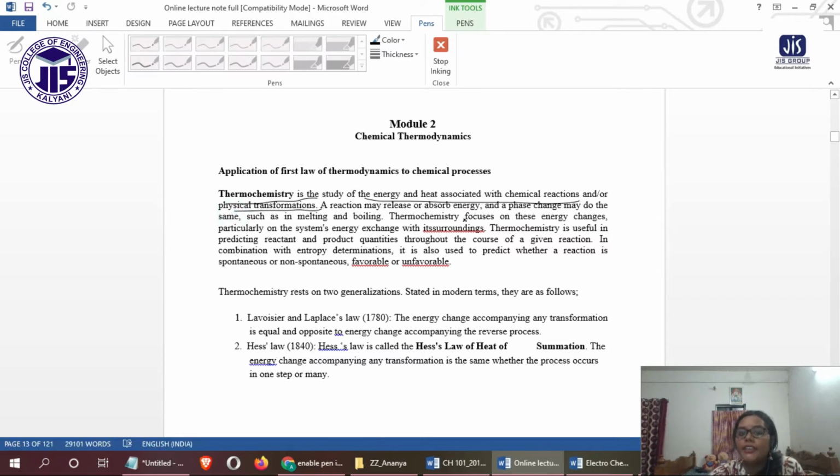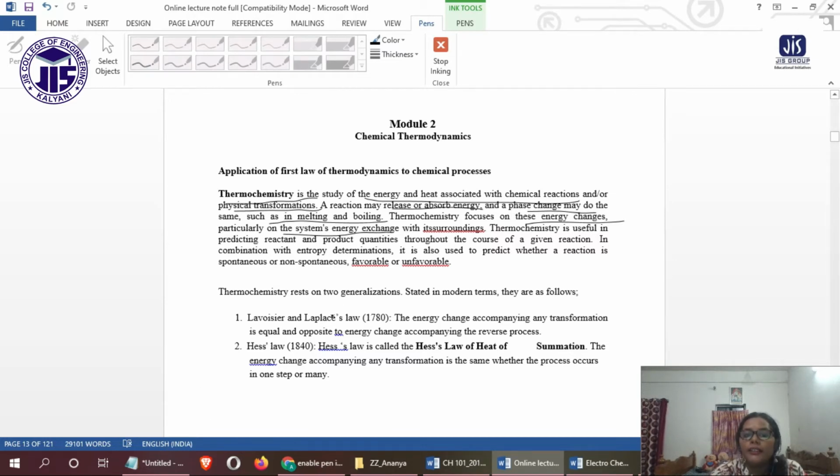A reaction may release or absorb energy. A phase change may do the same, such as in melting and boiling. Thermochemistry focuses on these energy changes, particularly on the system's energy exchange with the surroundings.